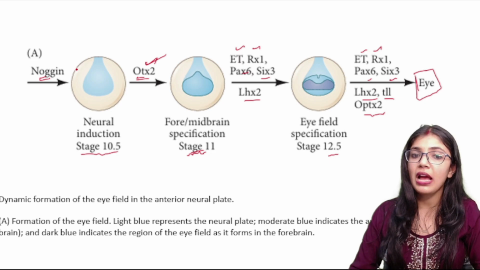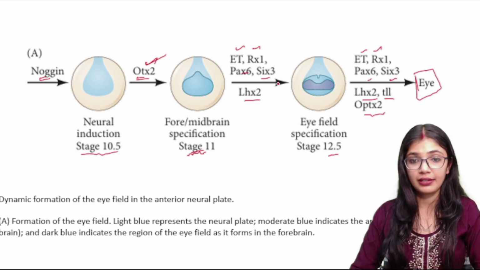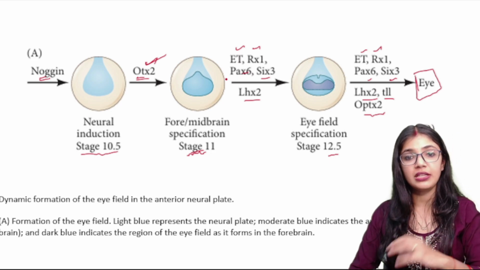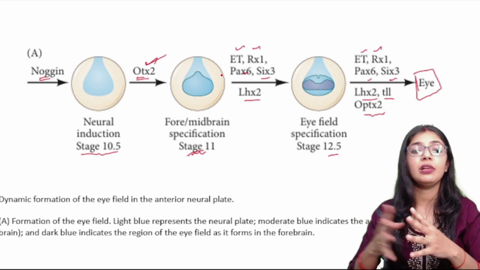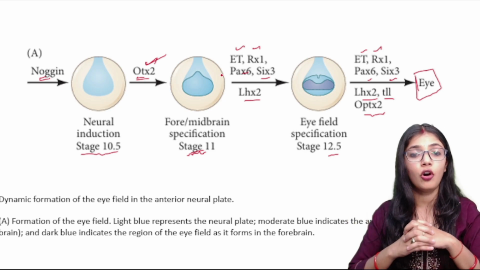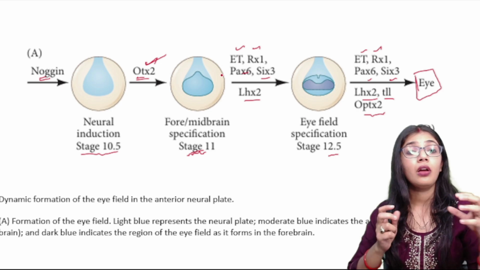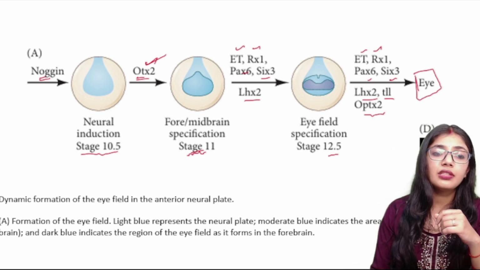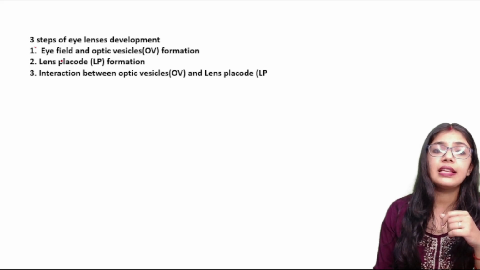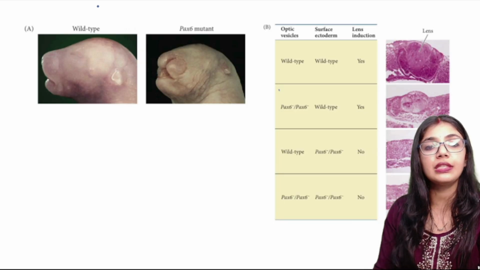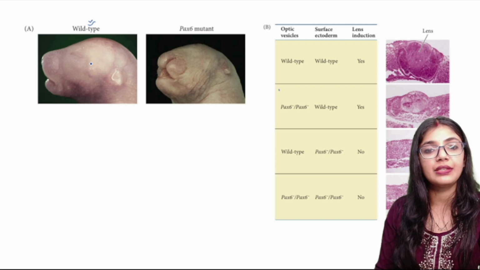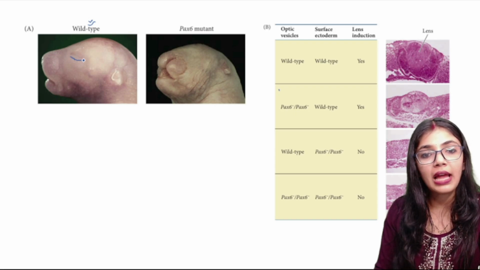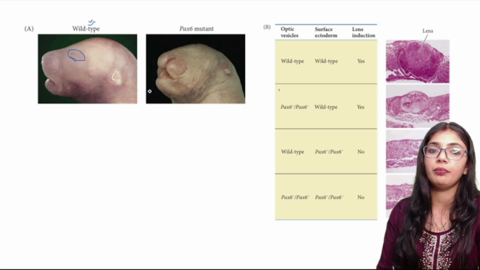So questions can be asked by giving these transcription factors or parameters, whether these are responsible for the formation of the neural plate or for the formation of the eye field. Now let us see the mutation case. This is a wild type mouse, which has a normal eye and the ability to form a normal eye.